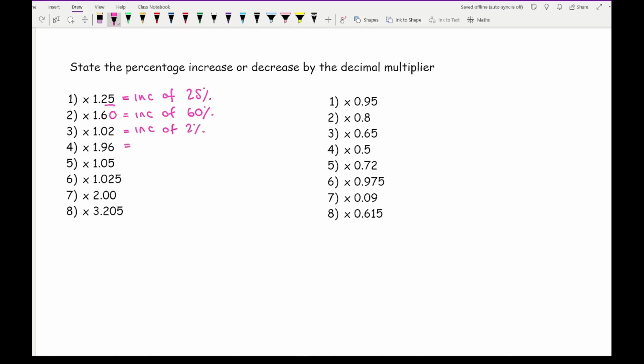For question 4, that's going to be an increase of 96%. 5 is going to be an increase of 5%. For 6, that's going to be an increase of 2.5%. For question 7, that's going to be an increase of 200%. Actually, 100%.